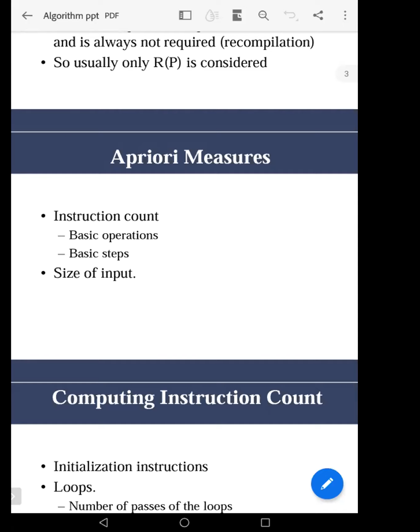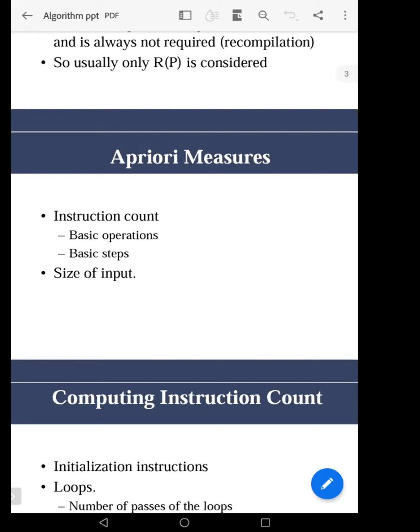Next is, what are the basic operations for analyzing the algorithm? The basic operations are the operations involved in the algorithm for solving the problem.